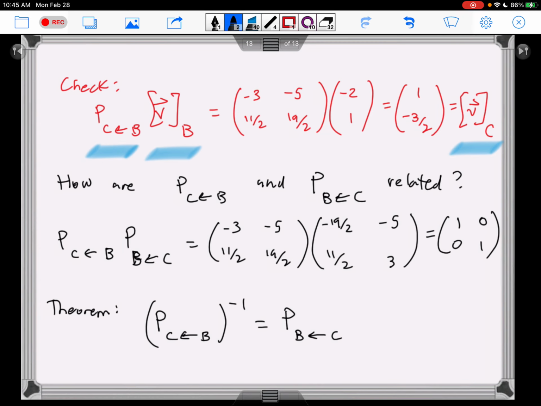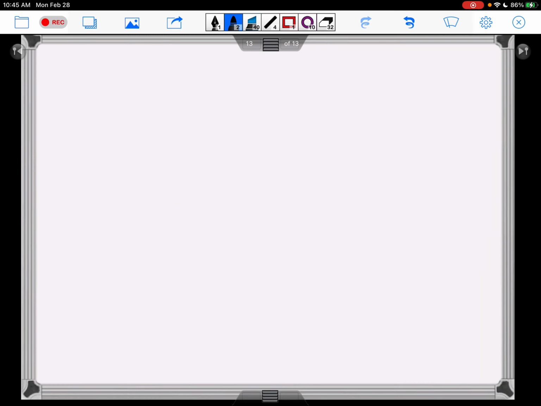Very cool fact. We're going to do one more example where we use this fact. So, example.